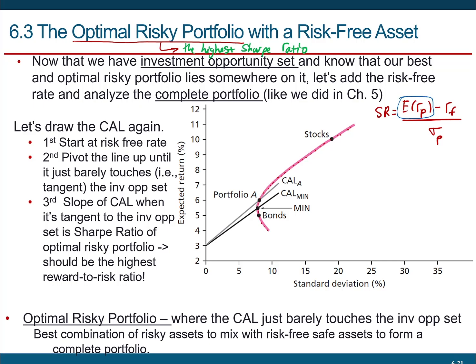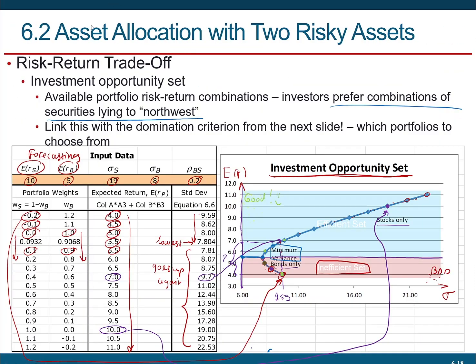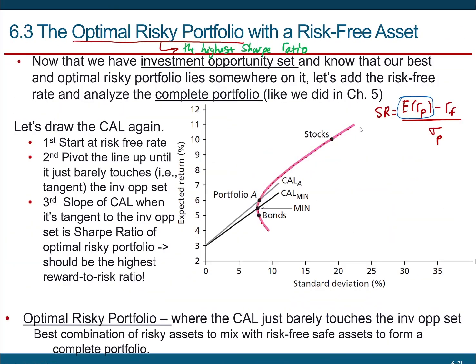Because we can calculate the expected return on the portfolio, and we did right here in this particular column. We also have the standard deviation of that portfolio as well, right? So we have this. But for the Sharpe ratio, we also need the risk-free rate.